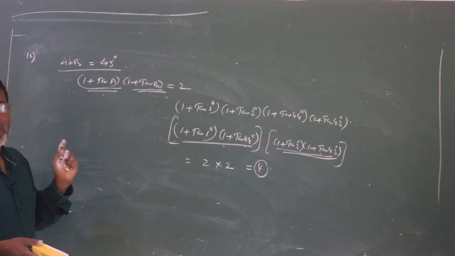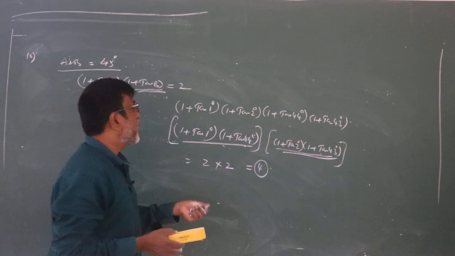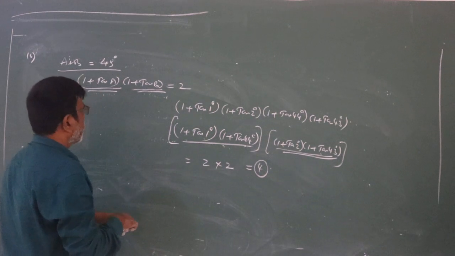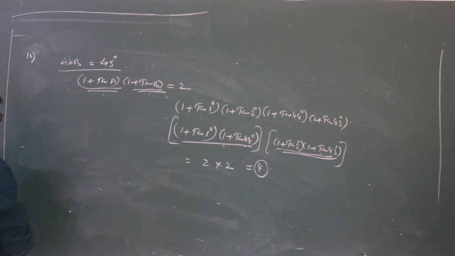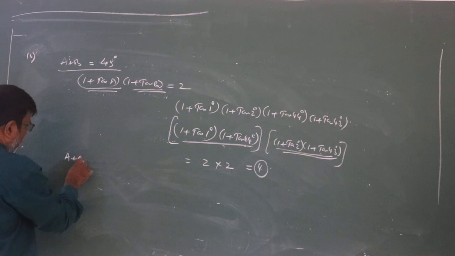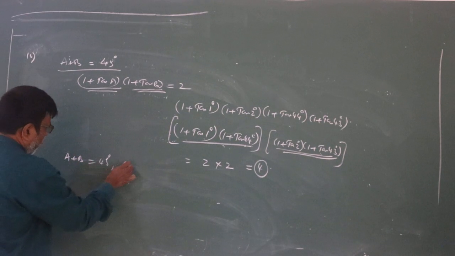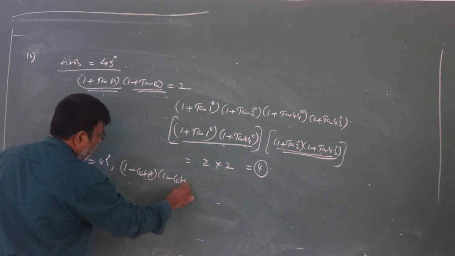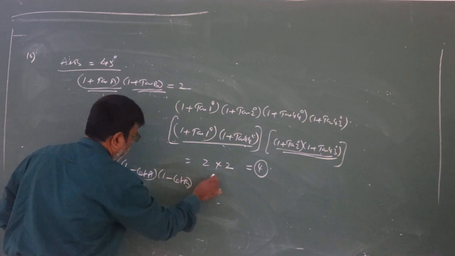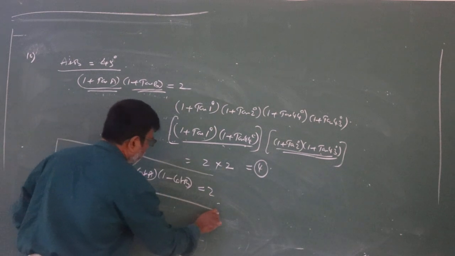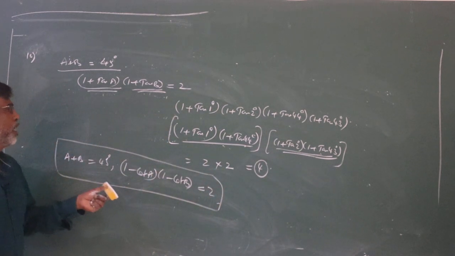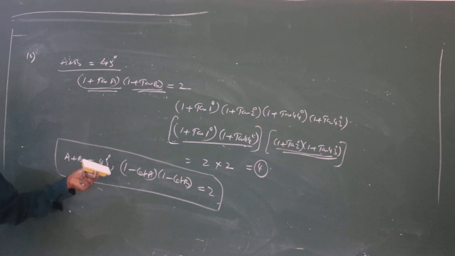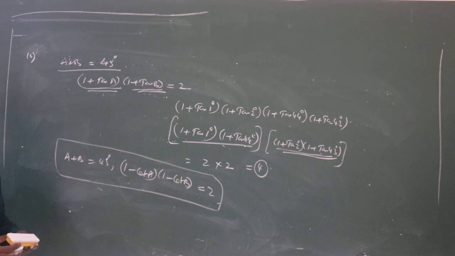Similarly, with A plus B equal to 45 degrees, 1 minus cot A into 1 minus cot B also has the same formula. It is also 2. So this is also very important. Whenever applying these two formulas, 1 minus cot A into 1 minus cot B equals 2.